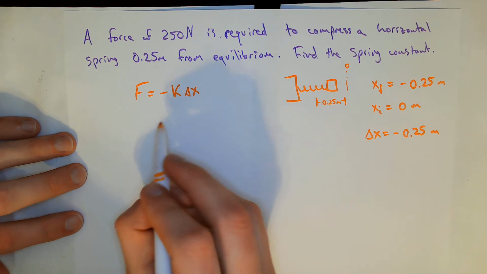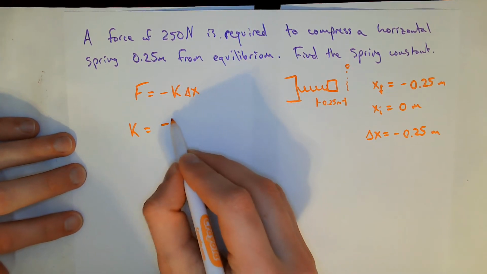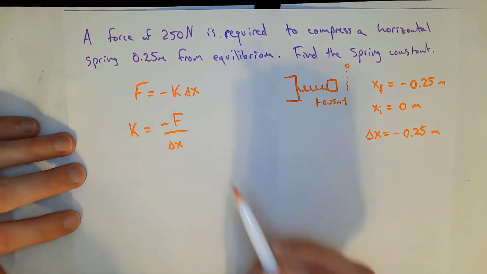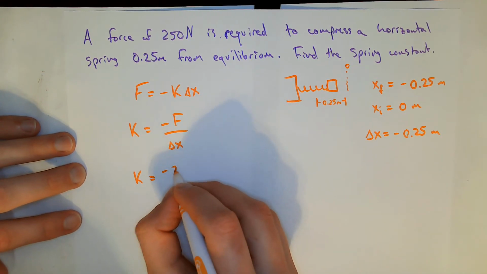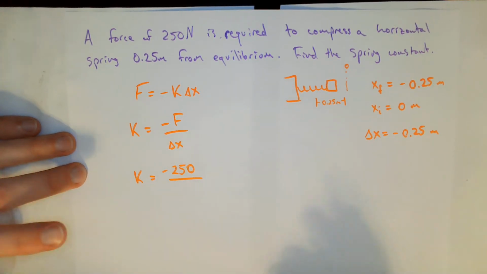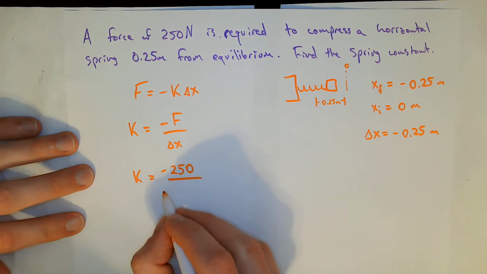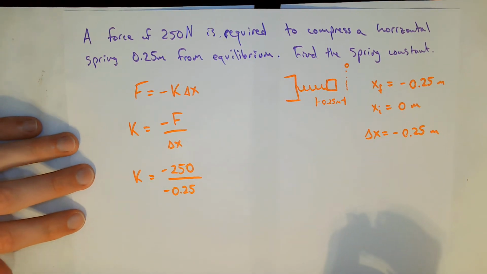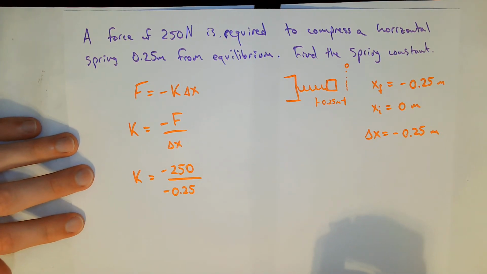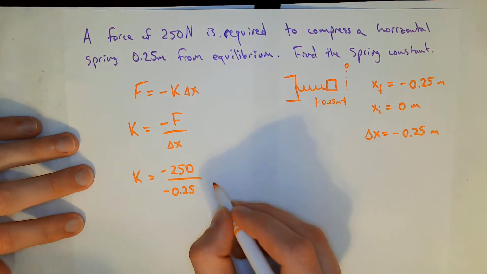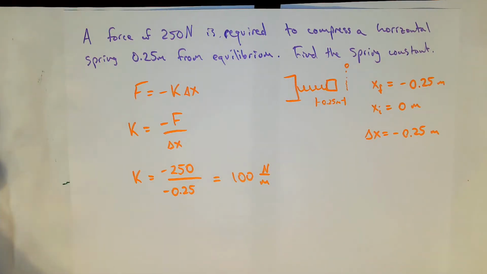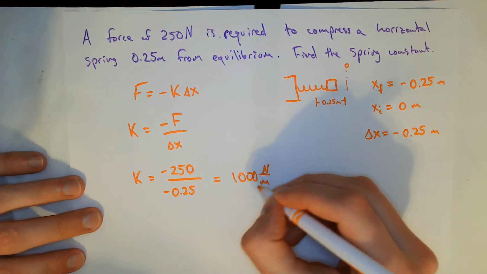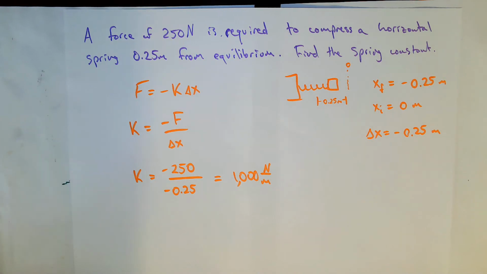So over here, I'm going to have that k is equal to negative F over delta x, just by solving this for k. k is going to be equal to negative 250, that's the force required to compress this thing 0.25 meters, and that's going to be 100 newton meters. Oh, just kidding, I miscounted my digits there.